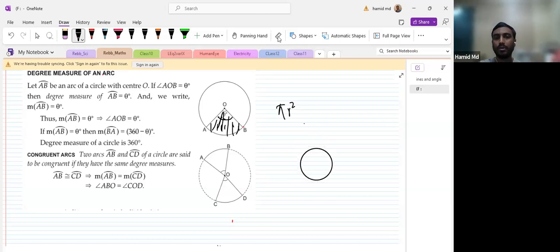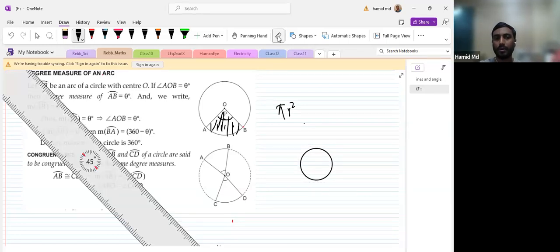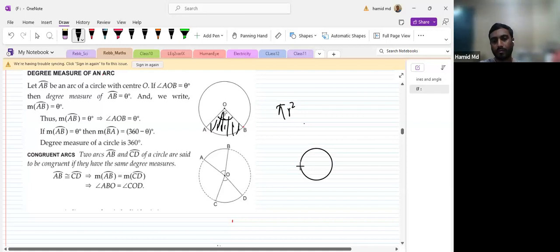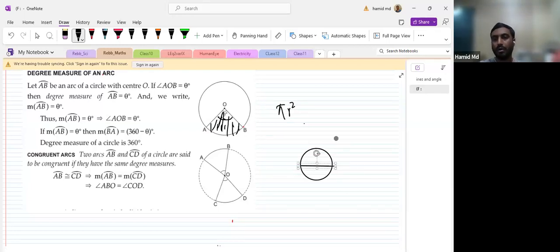But my question is, what will be the area of the upper part of the circle, if the radius is small r?